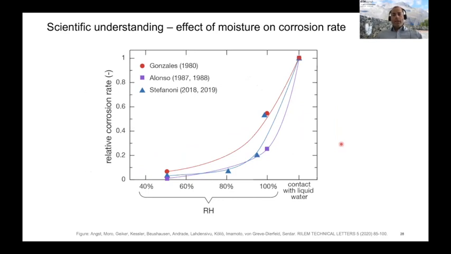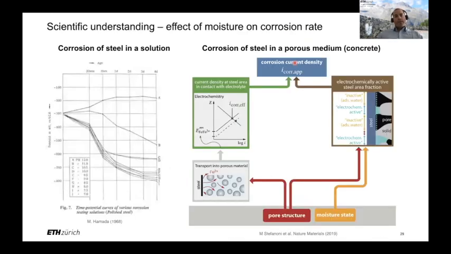If we look at studies where the moisture content was changed within one type of specimen, then the scatter gets a lot lower, within these studies or even among these studies. Again, there is a dramatic increase in corrosion rate when increasing the moisture content. In fact, this curve is not linear, but has some sort of exponential behavior.